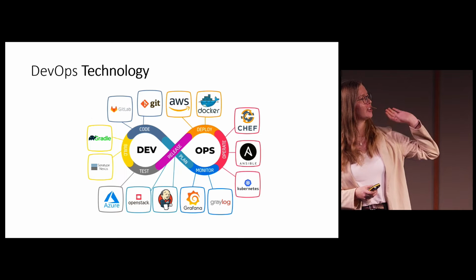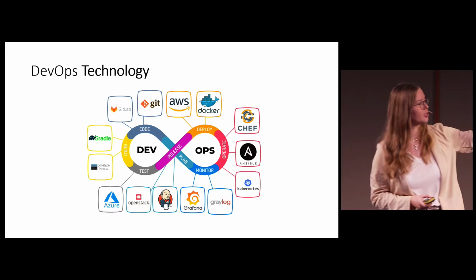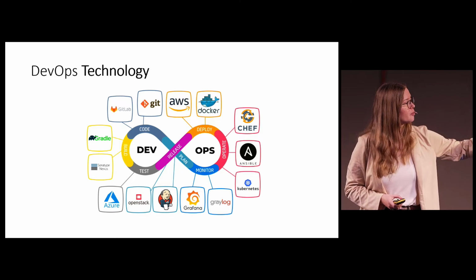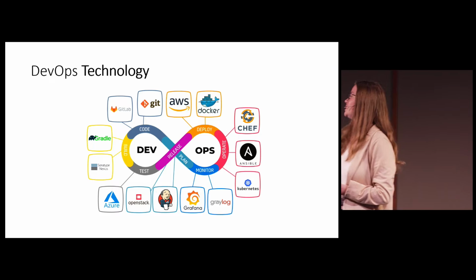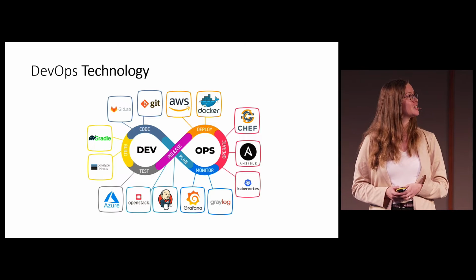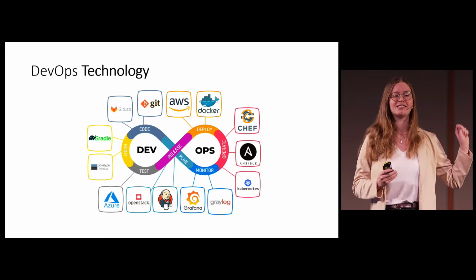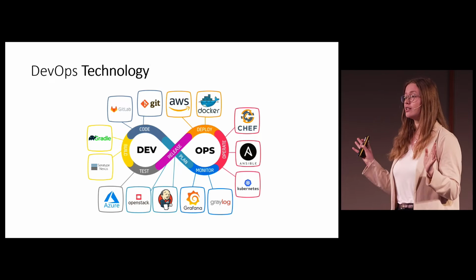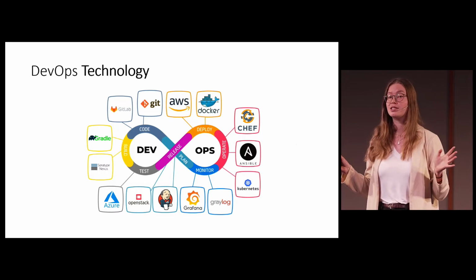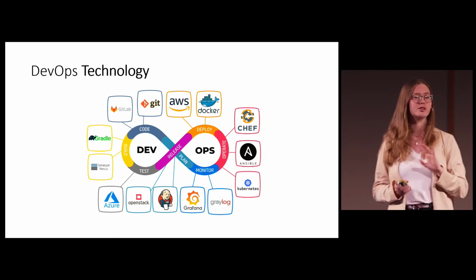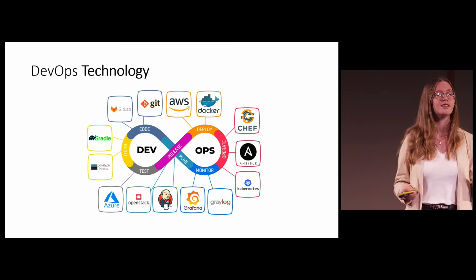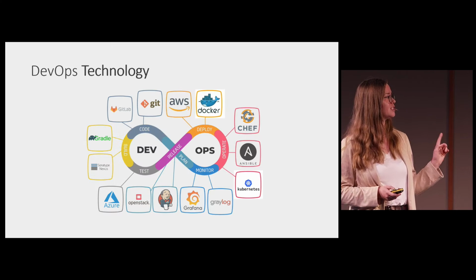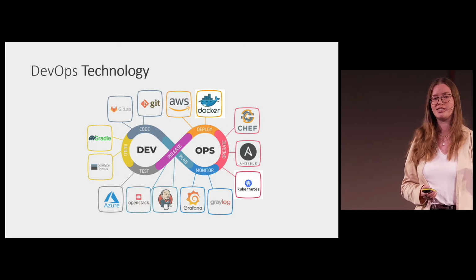And then you have the operations side, which does the deployment and the operating and monitoring. DevOps tries to automate the step between each of these sections. There's a lot that can be said about DevOps, and in this talk, I'm just going to focus on a couple of the technologies, namely Docker and Kubernetes.